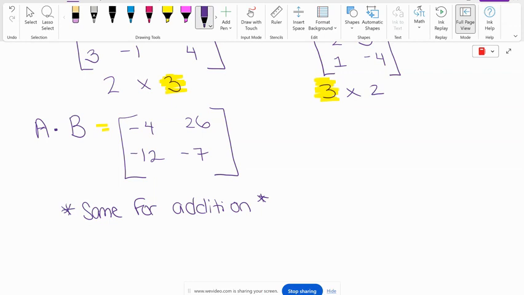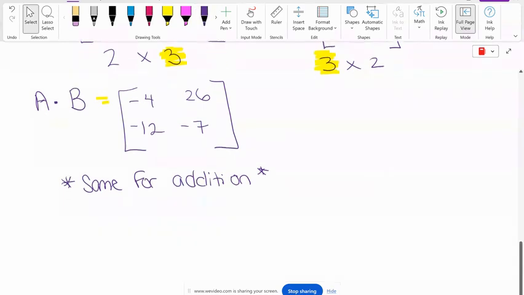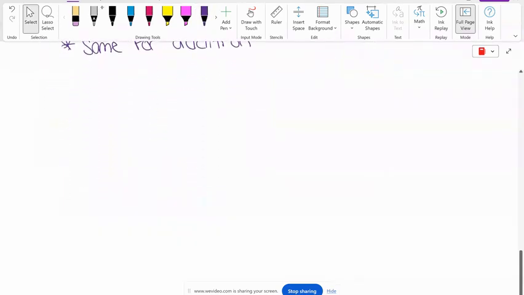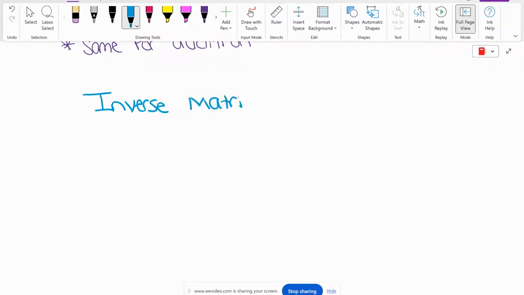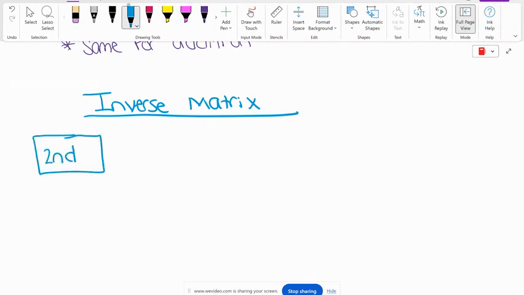All right, let me show you how to find the inverse matrix. So we are going to press second matrix. We're going to then choose the matrix.